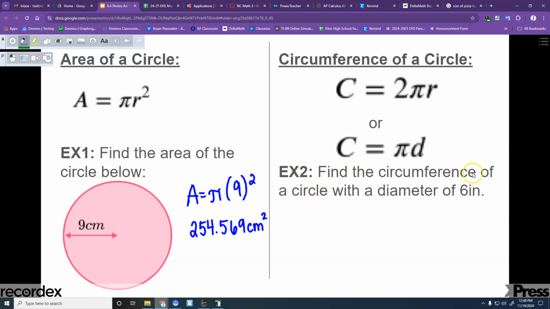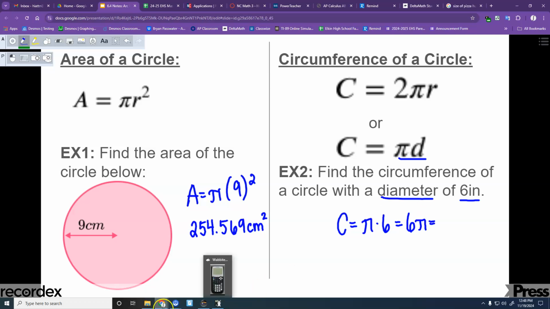So if they ask us, like they have in example 2, to find the circumference of a circle with a diameter of 6 inches, then they gave us diameter, so I would use this second formula. So I would just say the circumference equals pi times 6. Sometimes you'll just see this written as 6 pi.